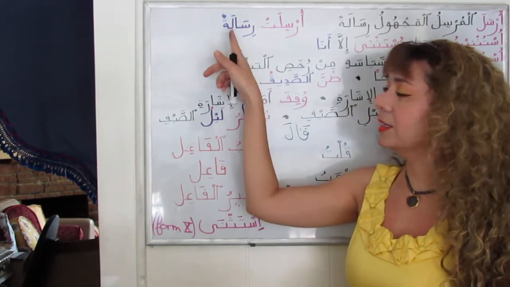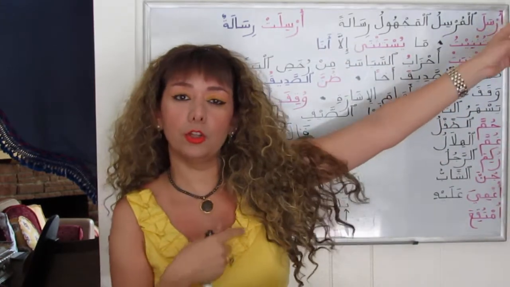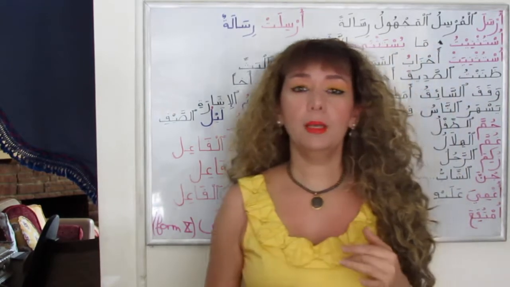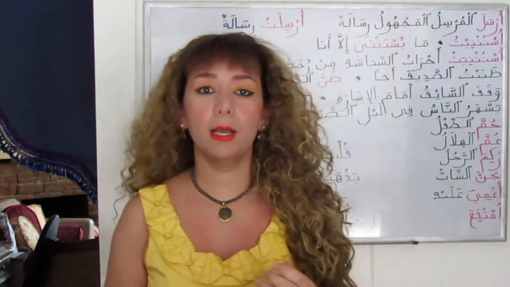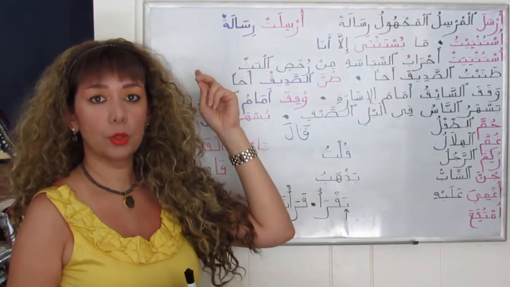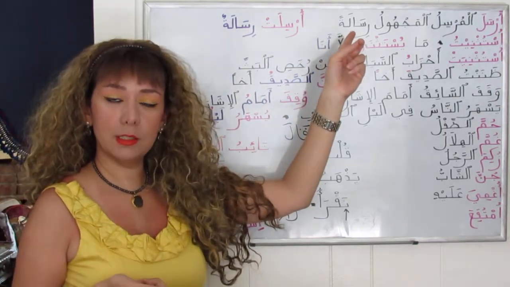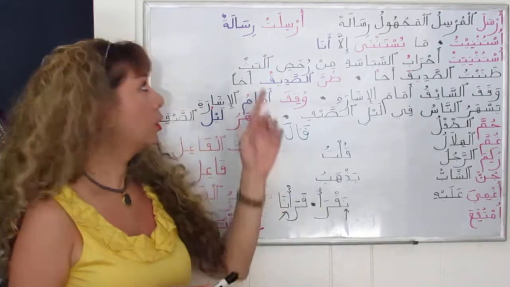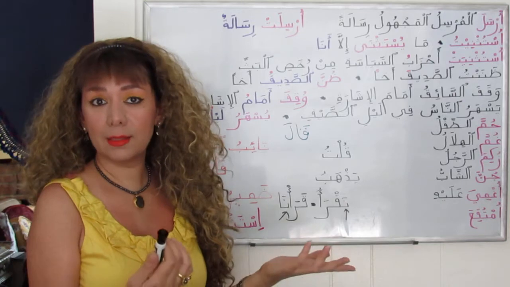And since رسالة, the subject, which was the object in the active sentence, is feminine singular, the conjugation of the verb has to match. أرسلت رسالة. And the case will change from accusative to nominative. A letter was sent.